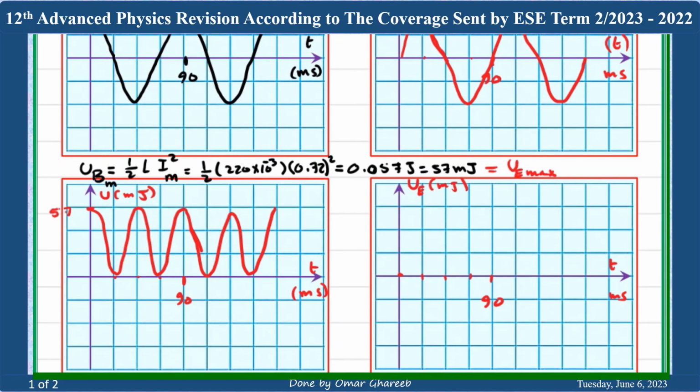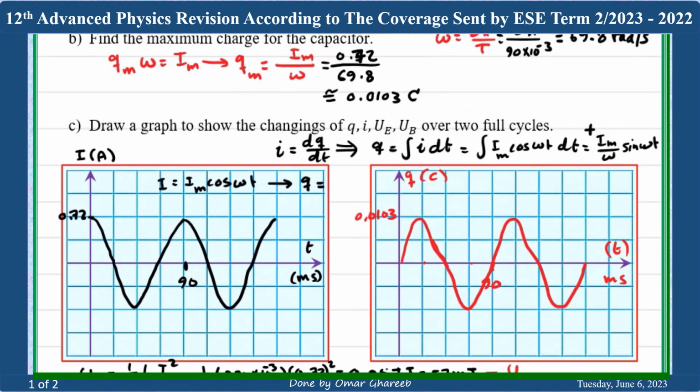So from 0 up to a maximum, the same maximum as the magnetic energy, and so on. That's it, and here 57.